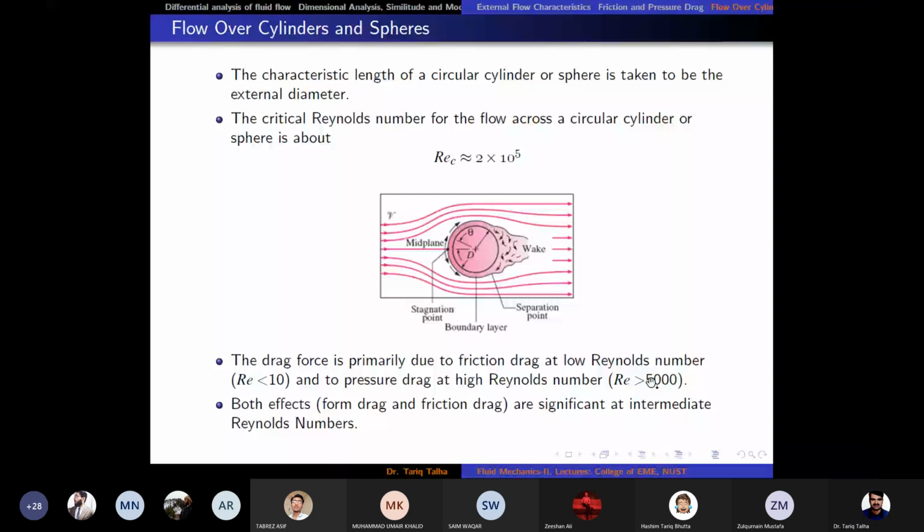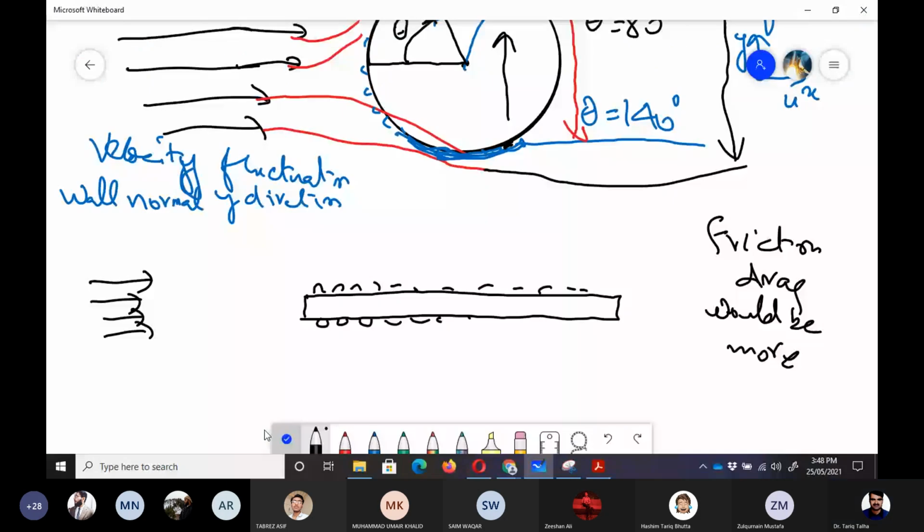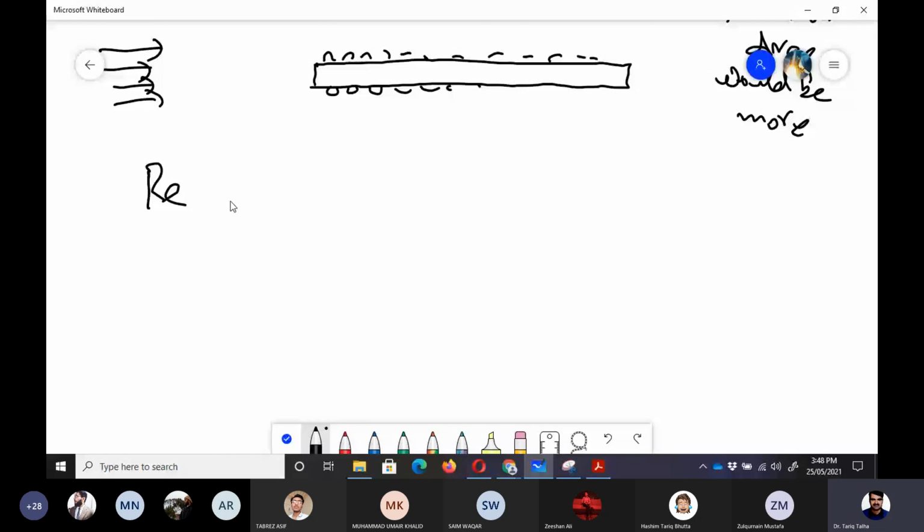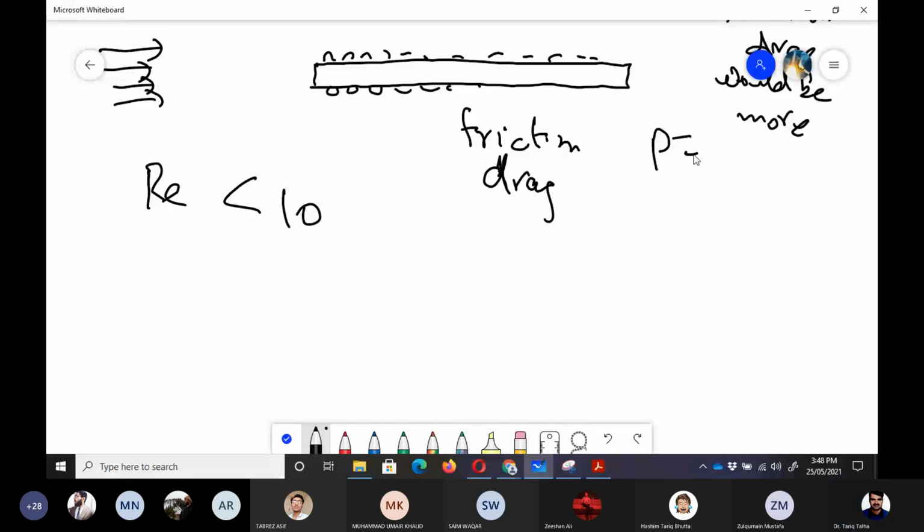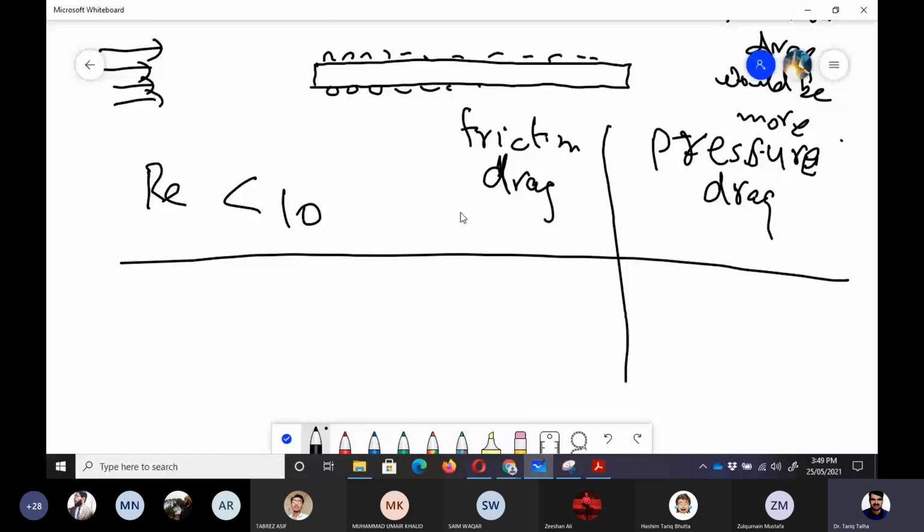So let me write it here. When the Reynolds number is less than 10, friction drag would be more dominant and there wouldn't be any pressure drag contribution, or very little. When the Reynolds number is in the range of 10 to 5,000, we would have contributions from both friction drag and pressure drag.